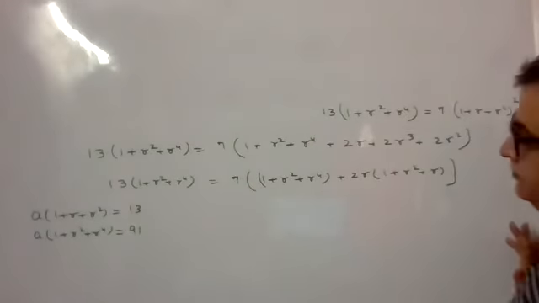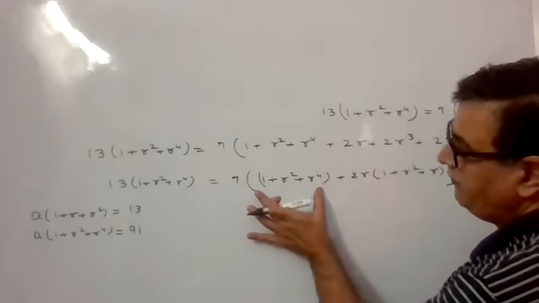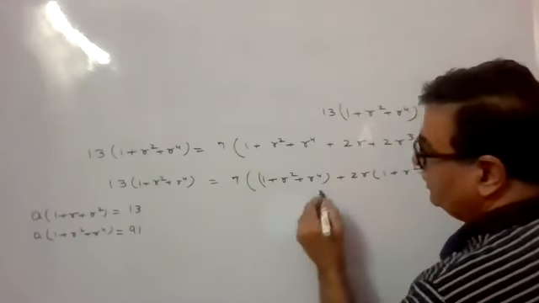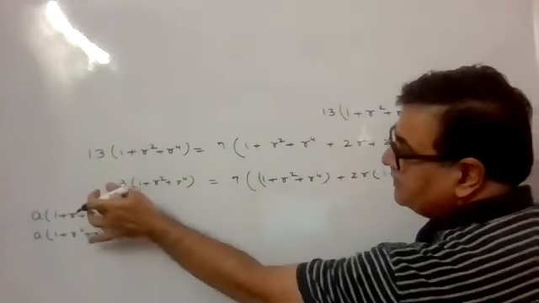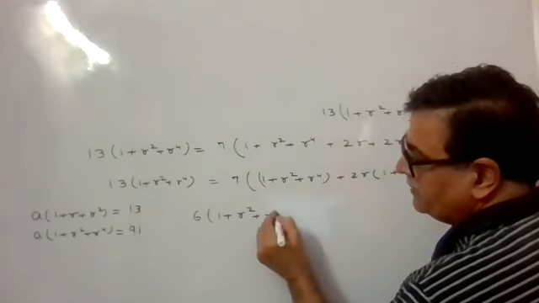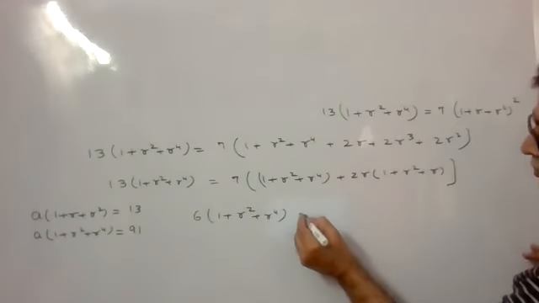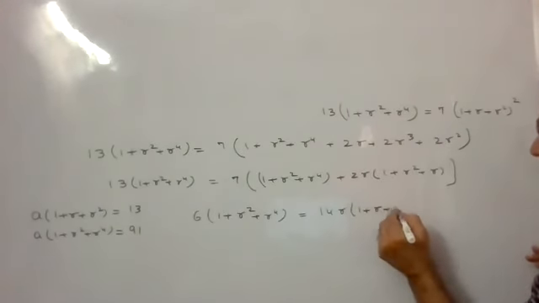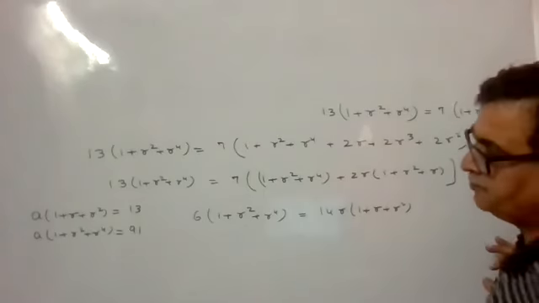Now, this is 7, this is 13 times. Okay. So we will take 7 times this, so here we are left with 6 times 1 plus r square plus r power 4 equals 14r times 1 plus r square, right?